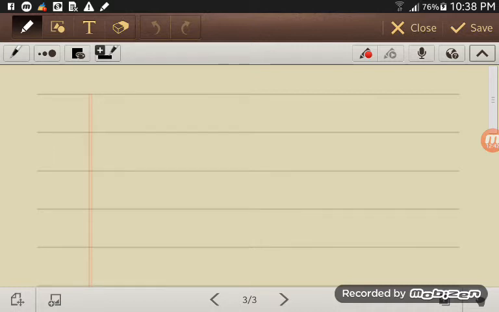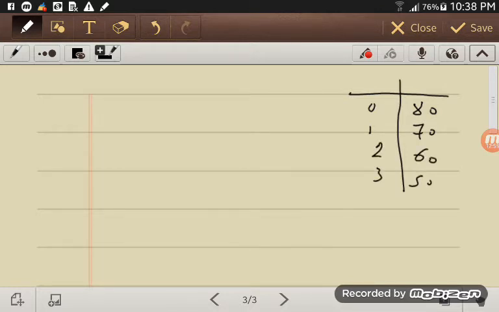So once again, if you would like to find the demand function for this schedule, A is the value of QD when price is 0, so A equals 80.